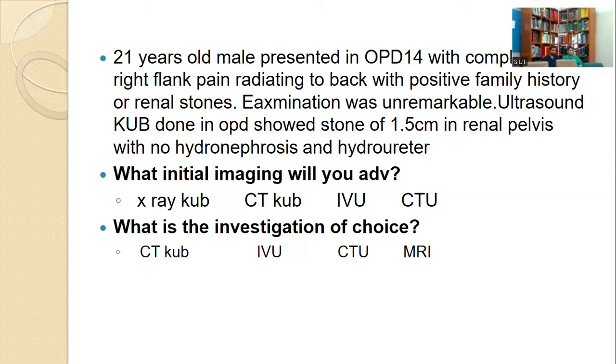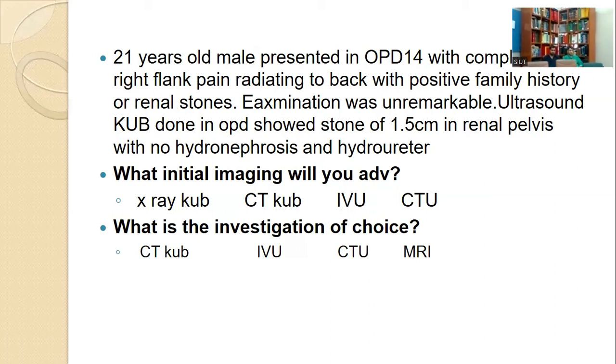The most commonly available is ultrasound, but since it's not in the options, we'll go for CT KUB because he has a positive family history and we've also seen a stone on ultrasound.